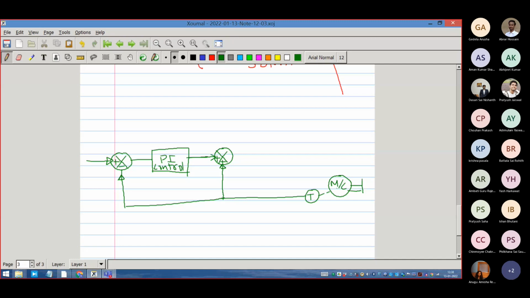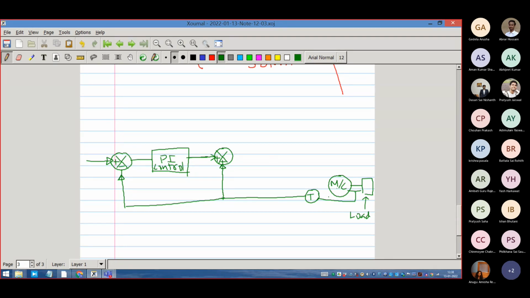This is the load. Okay, I should put the TACO on the shaft. Let me correct it a little bit. TACO is connected to the shaft, which is giving you speed feedback. That means you know the actual machine's speed.